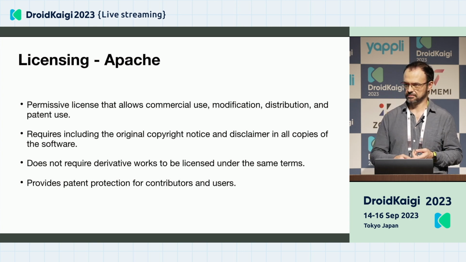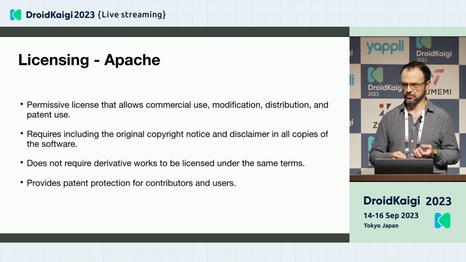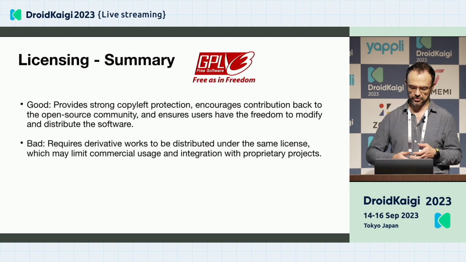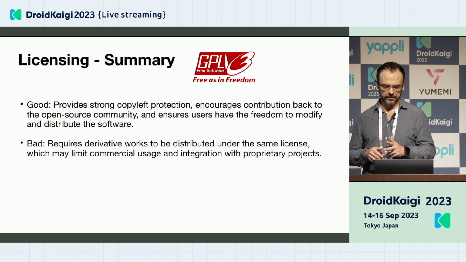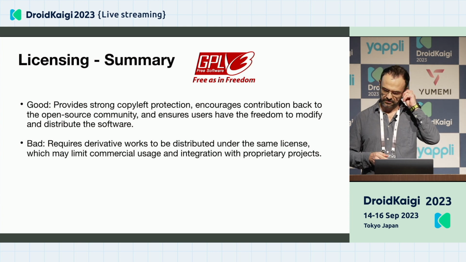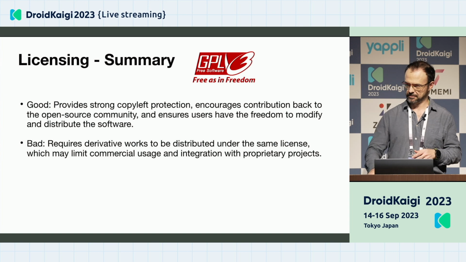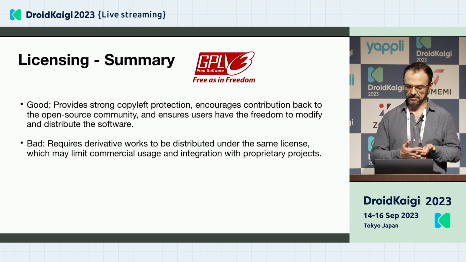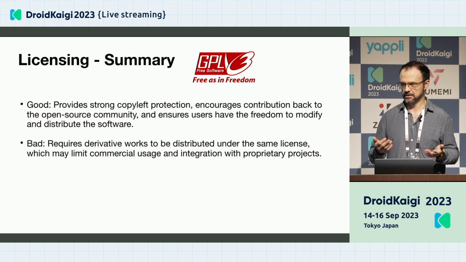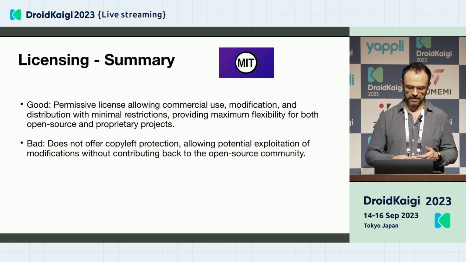If you go to check most of the libraries in Android, like OkHttp, Retrofit, most of the libraries from Square, JetBrains, they are licensed under Apache 2.0. So as a summary, GPL, it's the super open source hippie license. It's generally bad for derivative works since they need to use the same license. And of course, if you run a company, you might not want to be doing this.